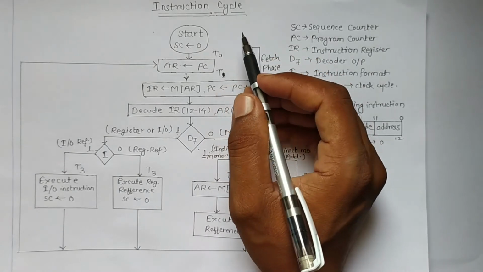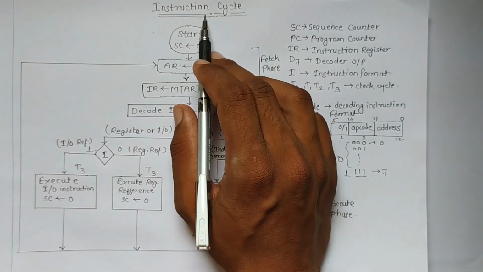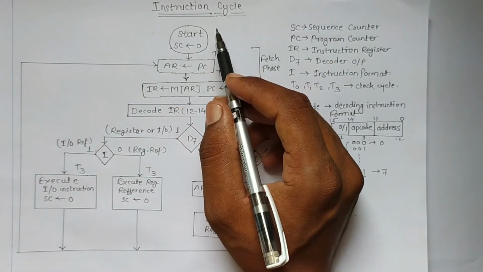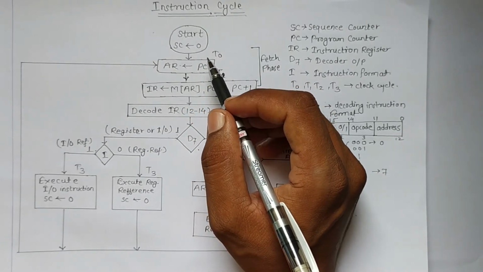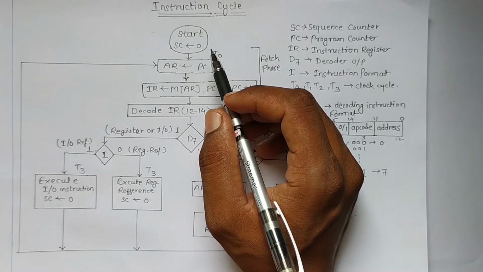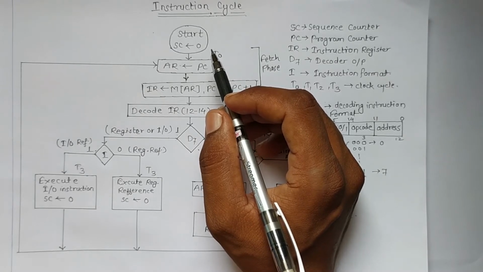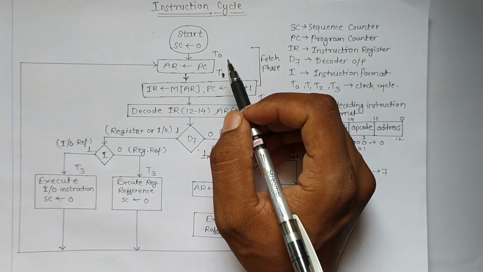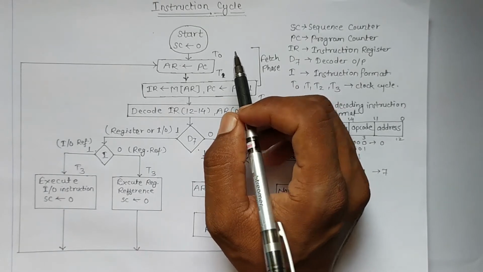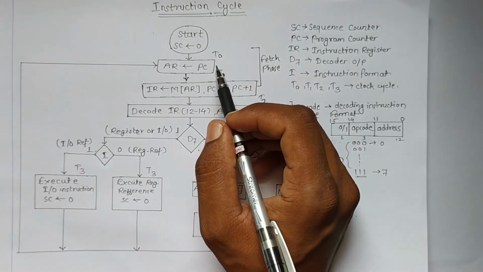My name is Dinesh Kumar and my seminar topic is the instruction cycle. An instruction is a command given to the computer to perform a specific operation on given data. To perform a particular task, a programmer writes a sequence of instructions, which is called the program.